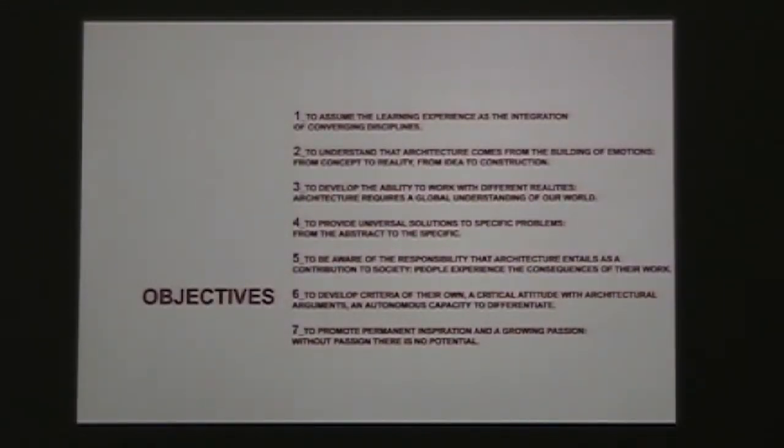To me, there are a number, among others, of issues that are quite important when teaching architecture, and these I came up with 7. It's important that students assume the learning experience as an integration of converging disciplines within the school, within the learning process.